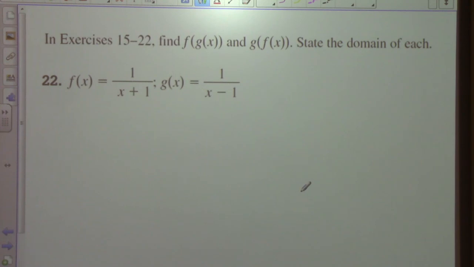What I'm going to do for this one here, for 22, I'm going to write down the answers and see, you can check yourself on this thing. I don't know how to simplify it. Well, I'm going to give you the answer here. Okay.